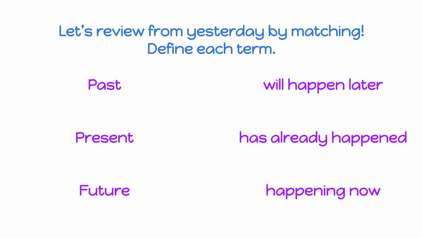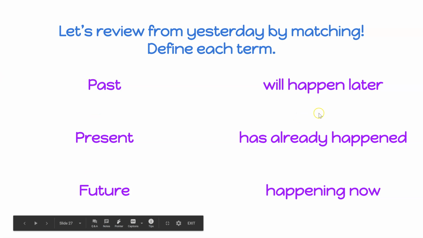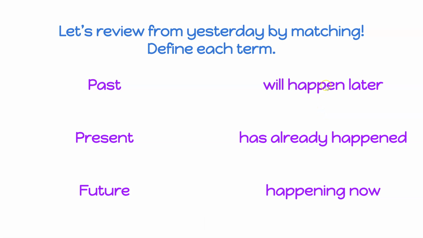Let's review from yesterday by matching. We have our terms over here, past, present, and future, with our meanings on the right-hand side. Will happen later, has already happened, happening now. Pause here. What is the meaning of past tense?